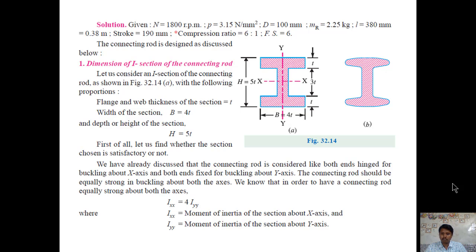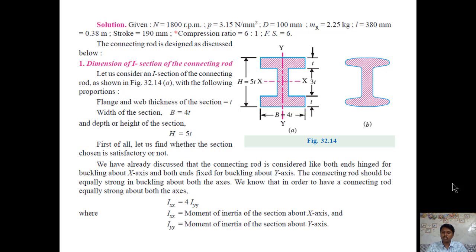We also said previously that with respect to xx, the moment of inertia must be more, because that is the one which has to resist bending, since that is the direction where the motion is occurring. Now, in the most preferred cases, Ixx must be equal to 4Iyy, or the ratio Ixx by Iyy must be less than 4, which is also fine.